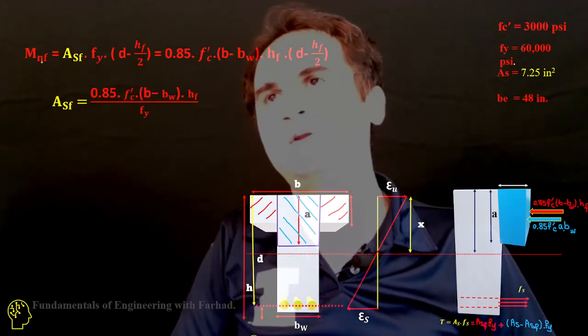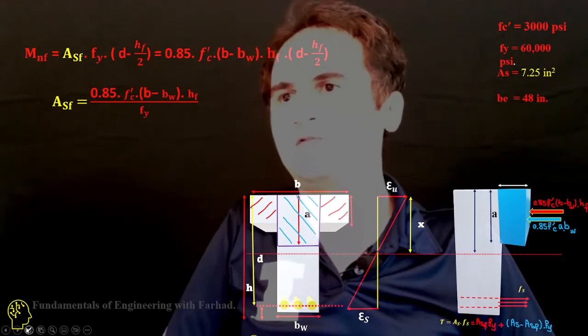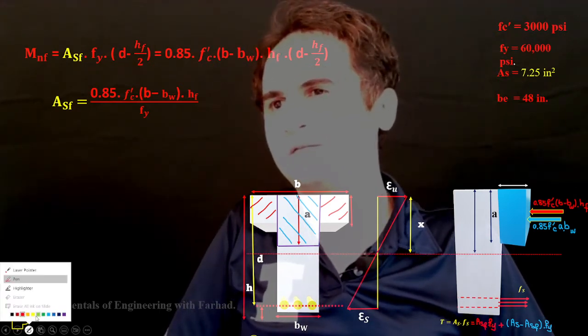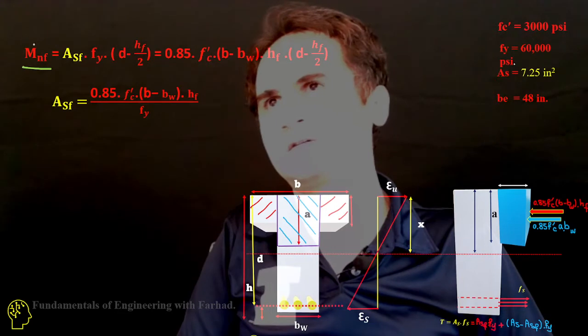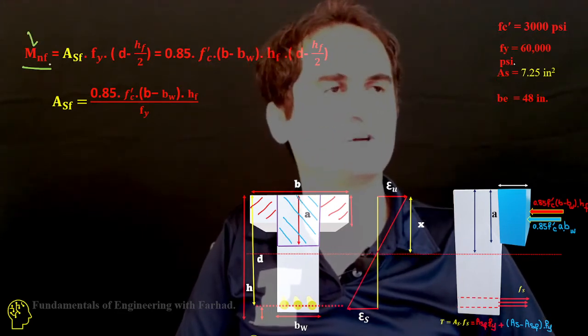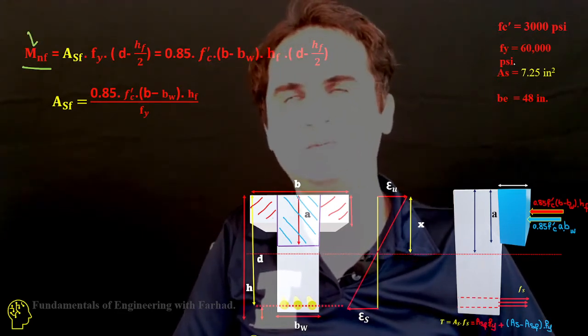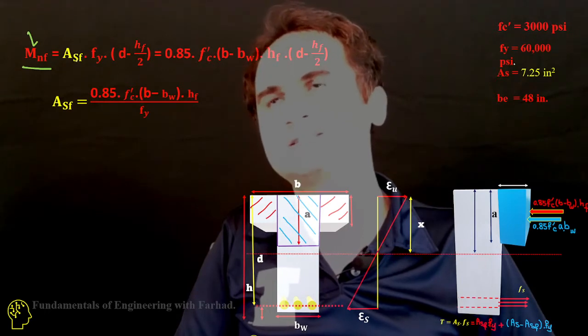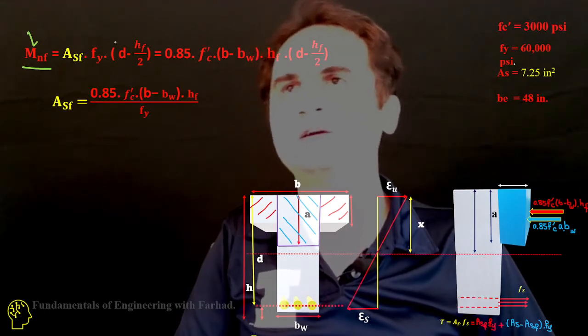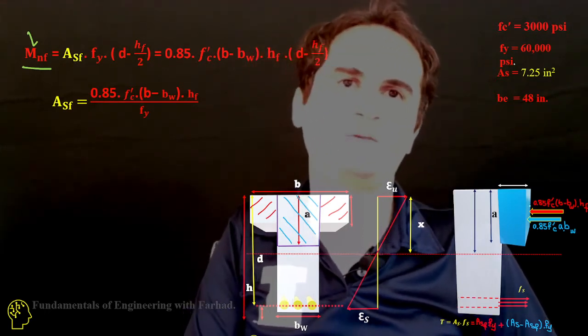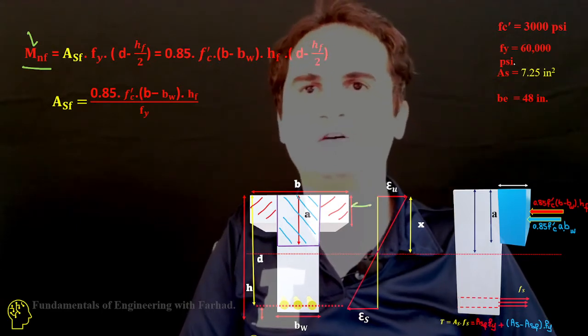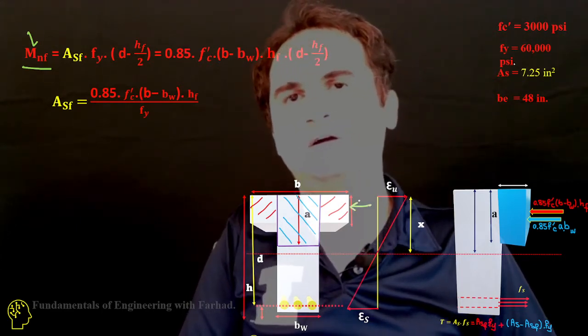So the nominal moment for the flange, which is responsible for these two extra parts, is equal to AS for flange times Fy times D minus HF over 2, because that's applied to the half of HF.